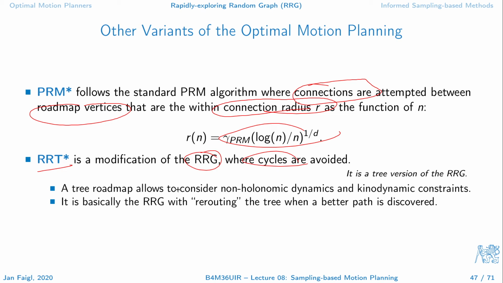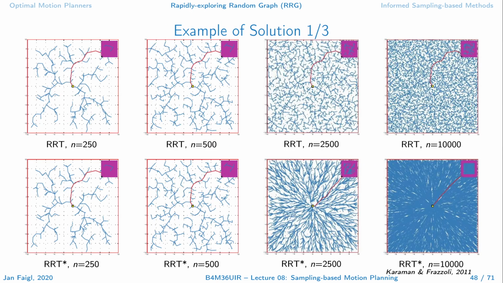The tree roadmap is suitable for non-holonomic dynamics and kinodynamic constraints, because we actually have an oriented graph, right? So, and if we have some new connections, we may actually reroute the path. So here are some examples.